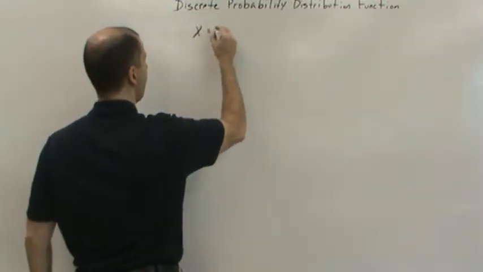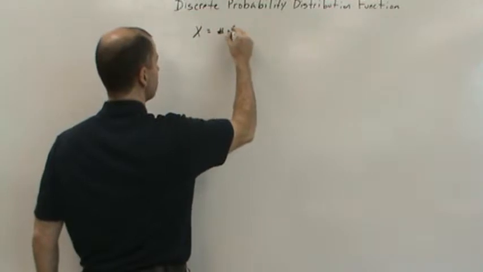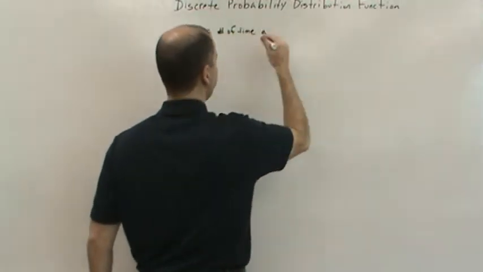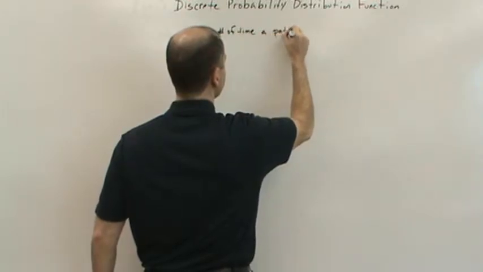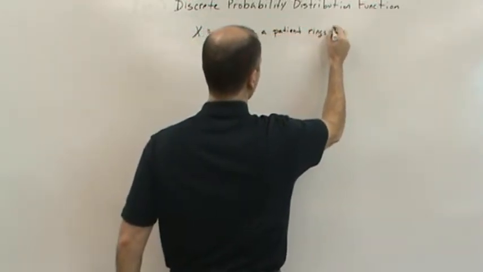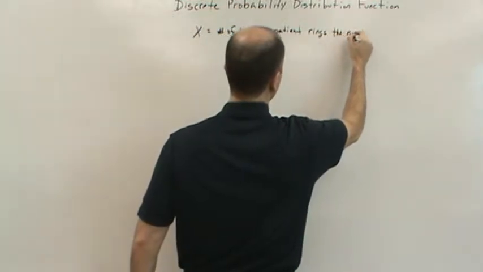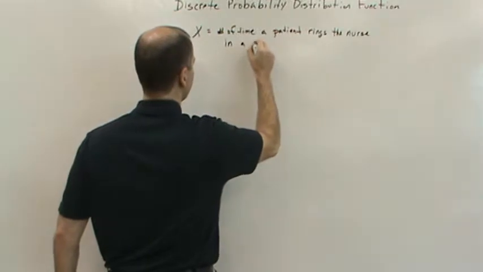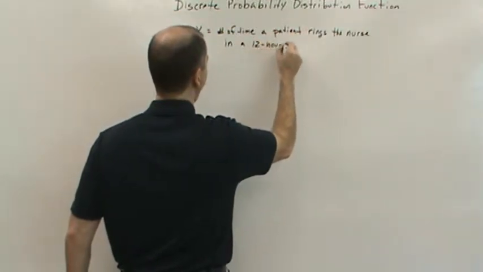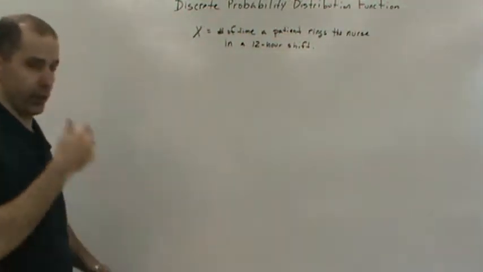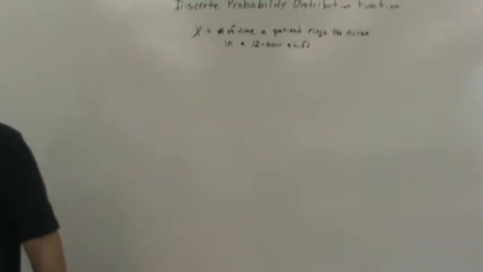So x is the number of times a patient will ring the nurse in a 12-hour shift.